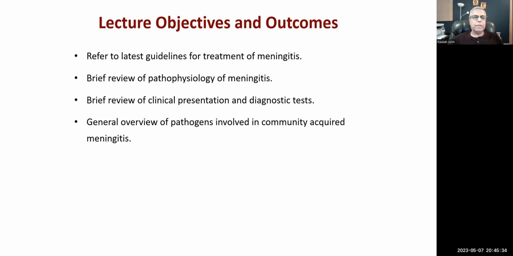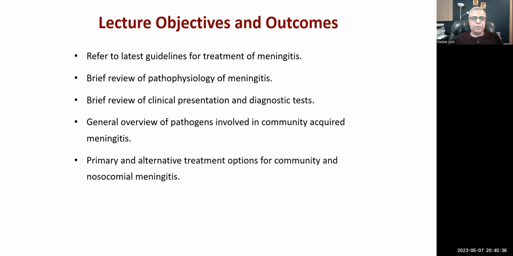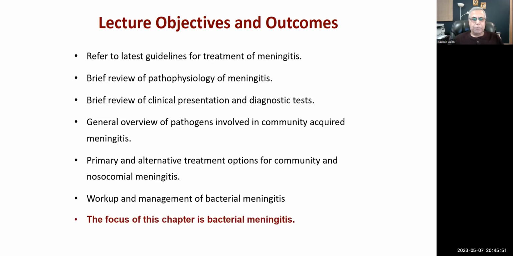You need to know that. Primary and alternative treatment options for community and nosocomial meningitis, and that, of course, is the most important part. And then there is workup and management of bacterial meningitis. And the focus of this chapter is on bacterial meningitis, okay?